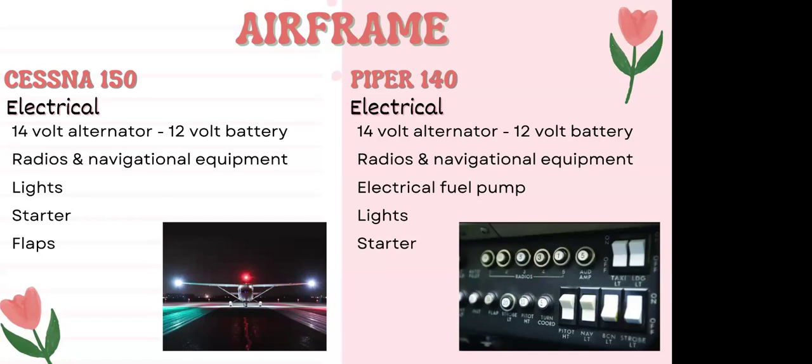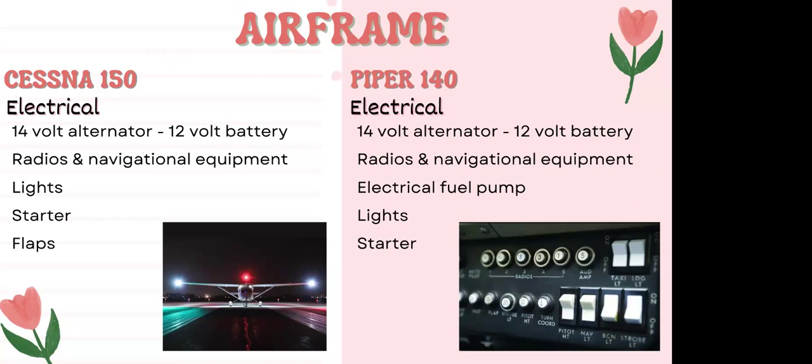If they don't make 100% sense, it's okay. They're a little bit convoluted. So I'm going to try and target some main features of the electrical system. In the 150, we have a 14-volt alternator and a 12-volt battery. And that's actually the same in the 140.